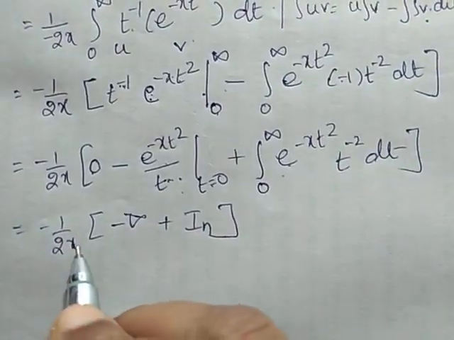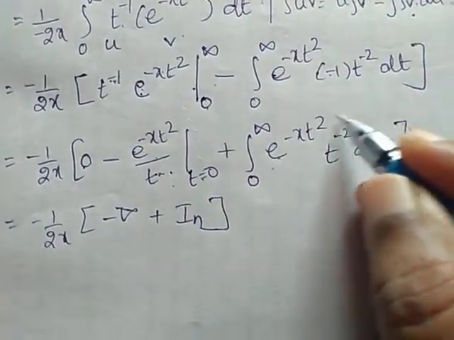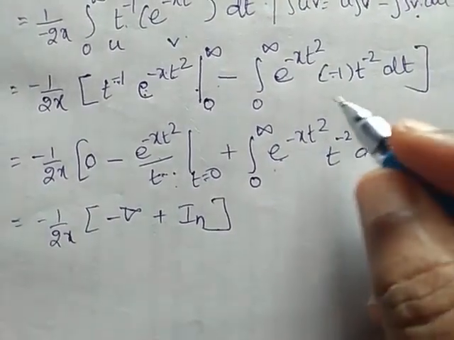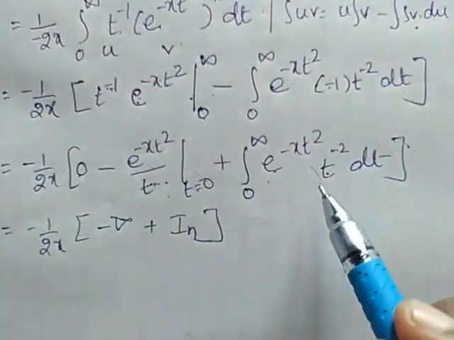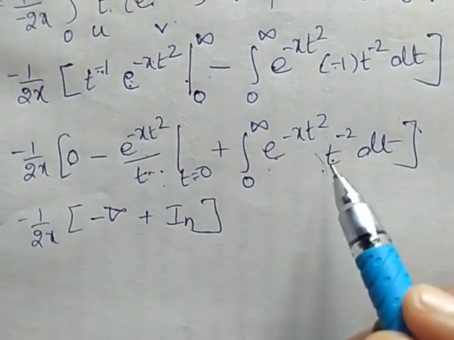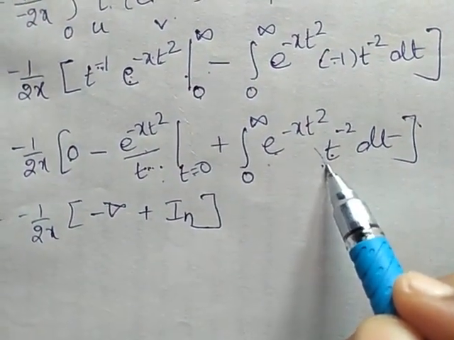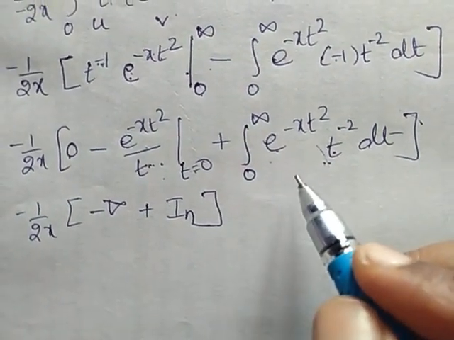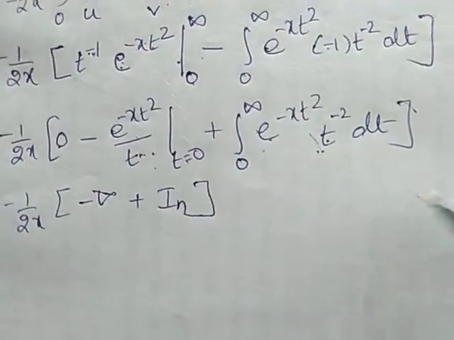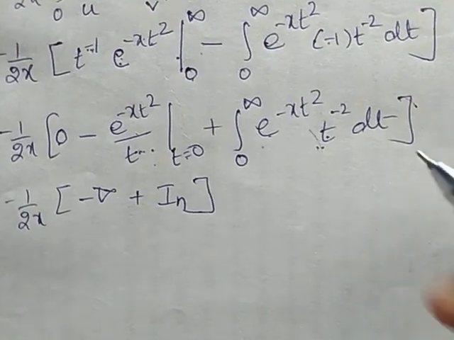Similarly, when we use integration by parts again as we used here, we will get infinity here also. Infinity plus I power n, and for that I power n, if we find the solution, we will get infinity plus an integral term.